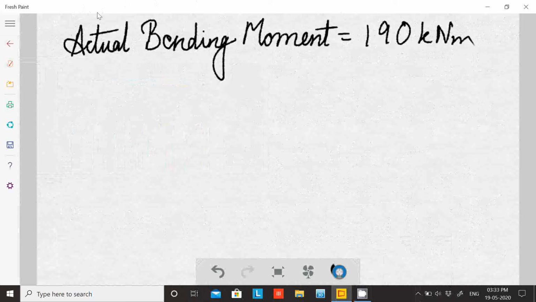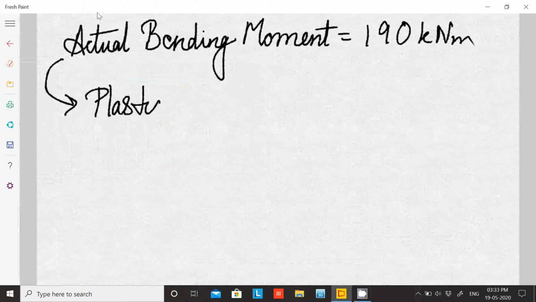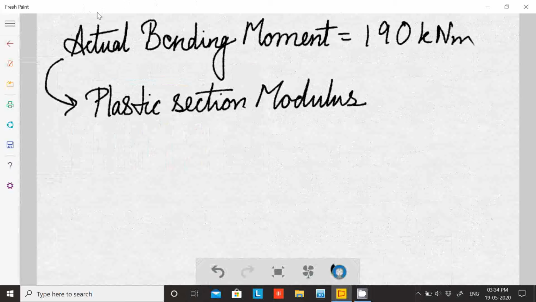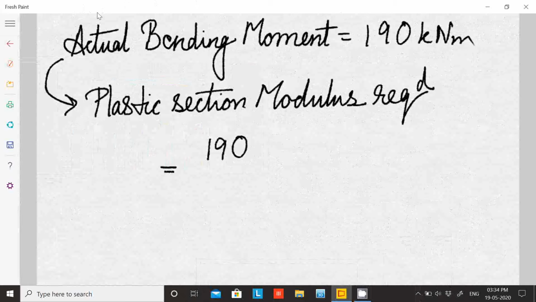So for 190, again, what will be the plastic section modulus required? First of all we got one plastic section modulus for 187.5. Now for this, what will be the required value?